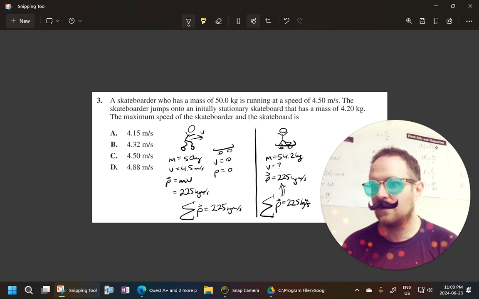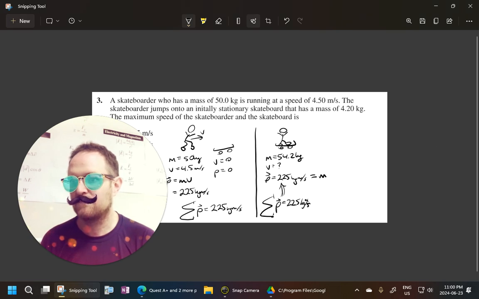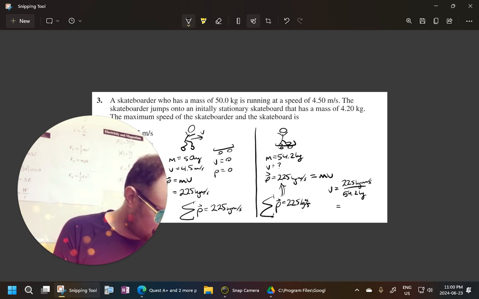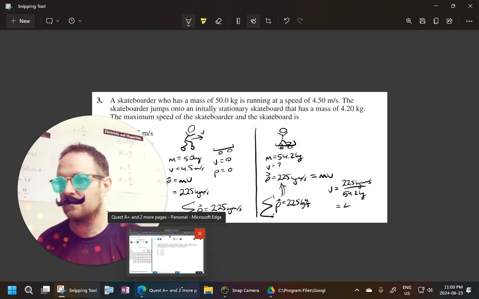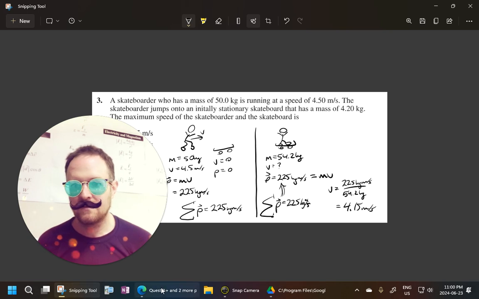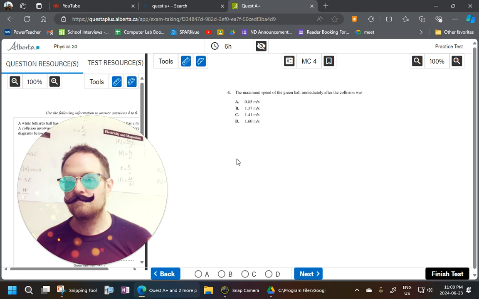I can take mass times velocity and find the velocity by taking this 225 divided by the new mass, 54.2, and we get 4.15. Not too bad. Going back to the questions, 4.15, that's A. Most of that could have been done in your head, but whatever.